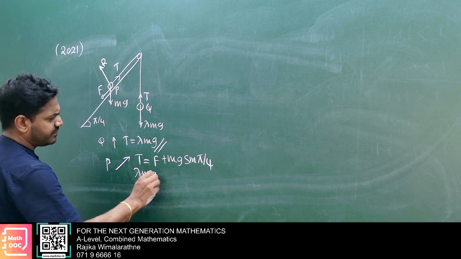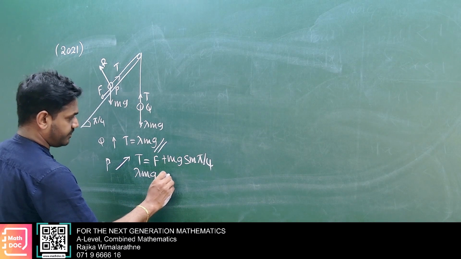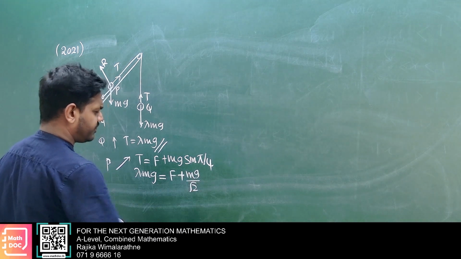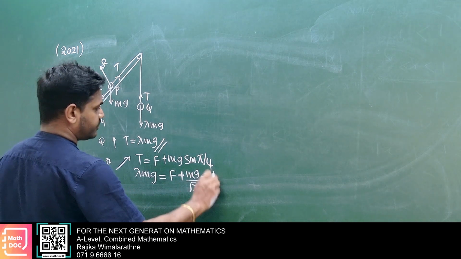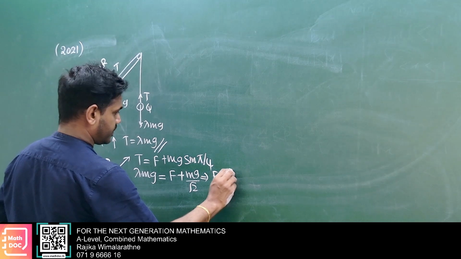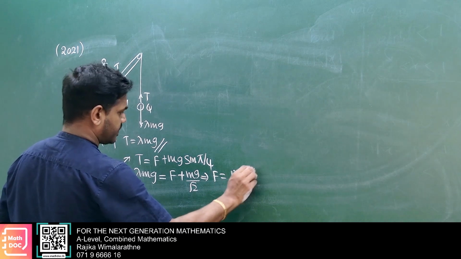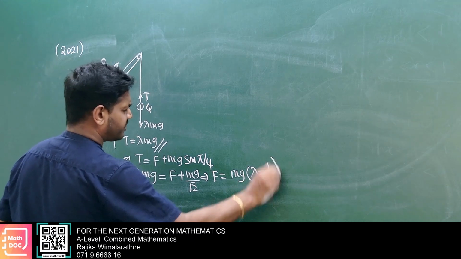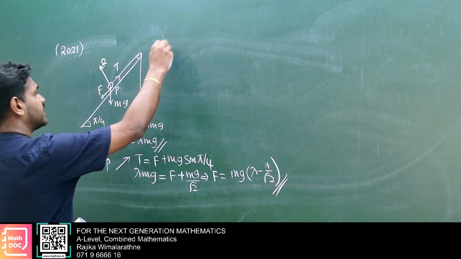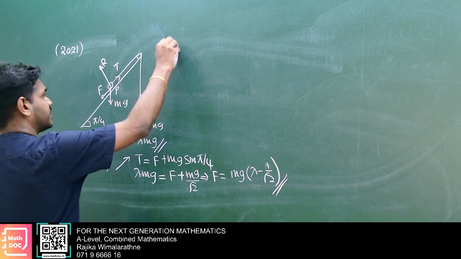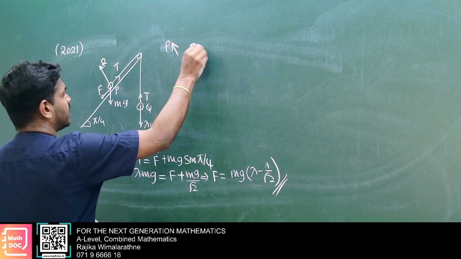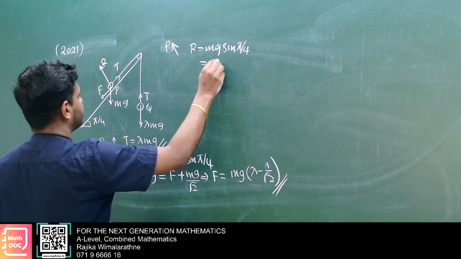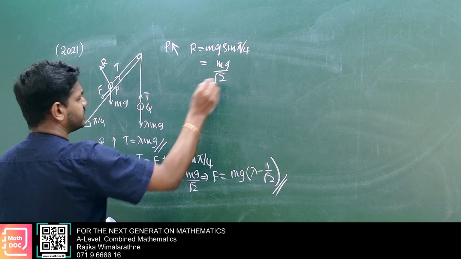Here lambda mg, F, mg over root 2. Then by that you find F. The result take P perpendicular to the surface R equal mg sin pi over 4, mg over root 2.